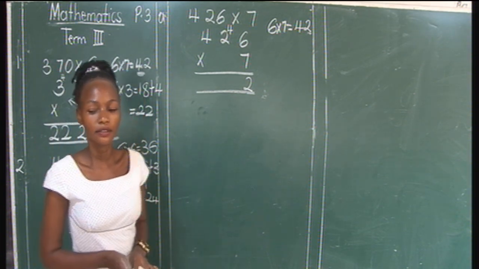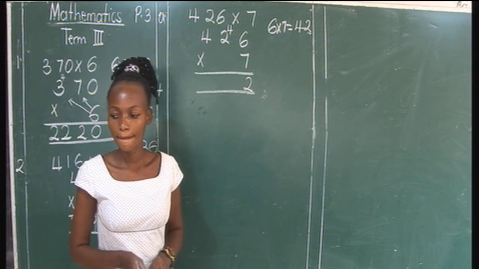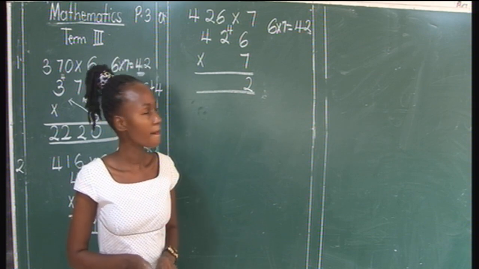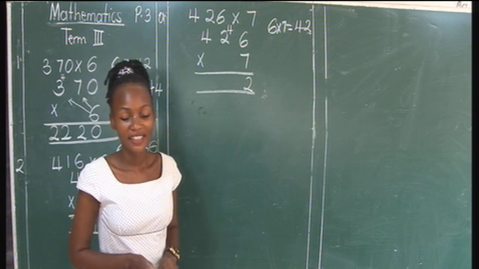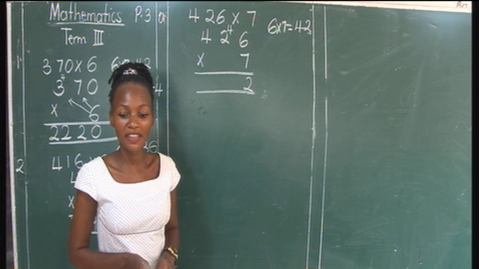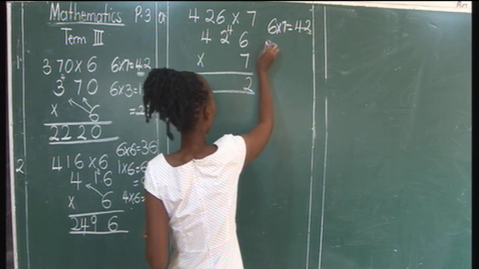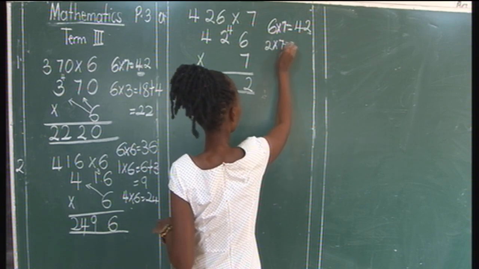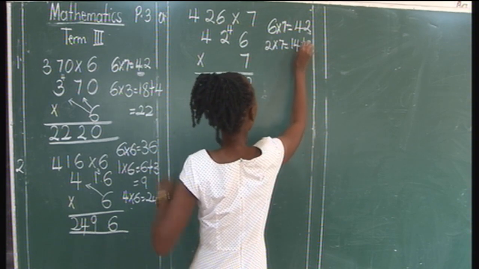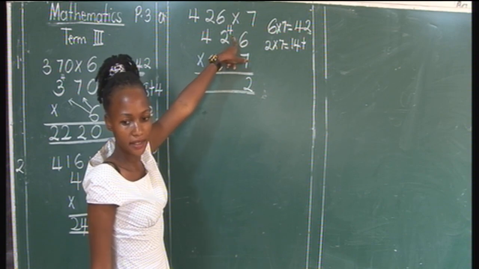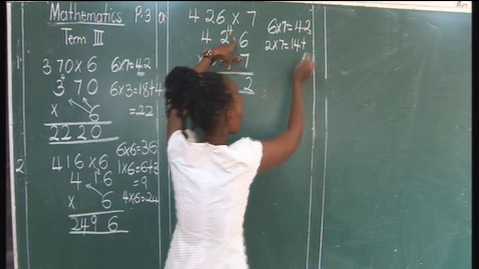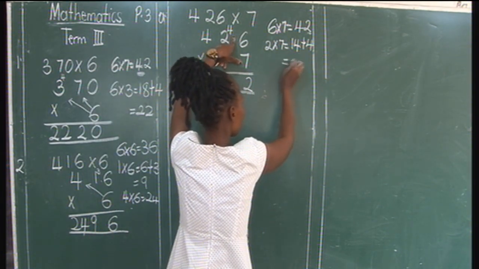Julian, 2 times 7? 14. Now 14 plus the 4 which you carried, that is 18.